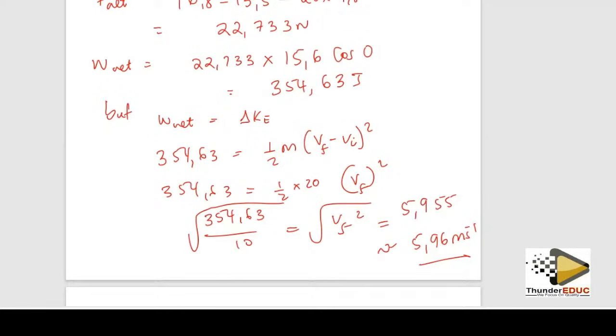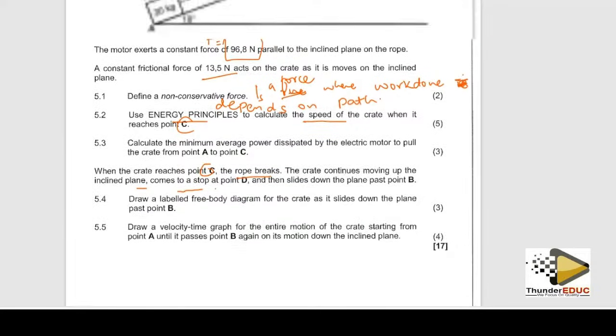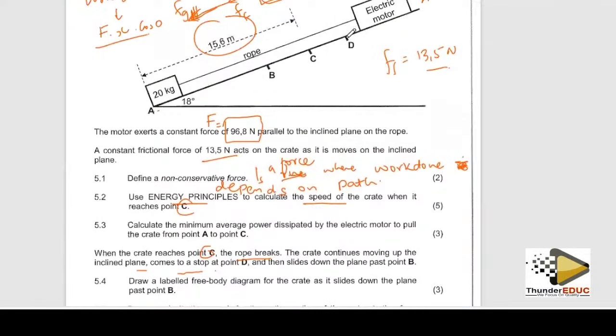Then we look at the next question. They're telling us that when the crate reaches point C, the rope breaks. The crate continues moving up the inclined plane, and then it comes to a stop at point D. So at point D, the crate has stopped moving.